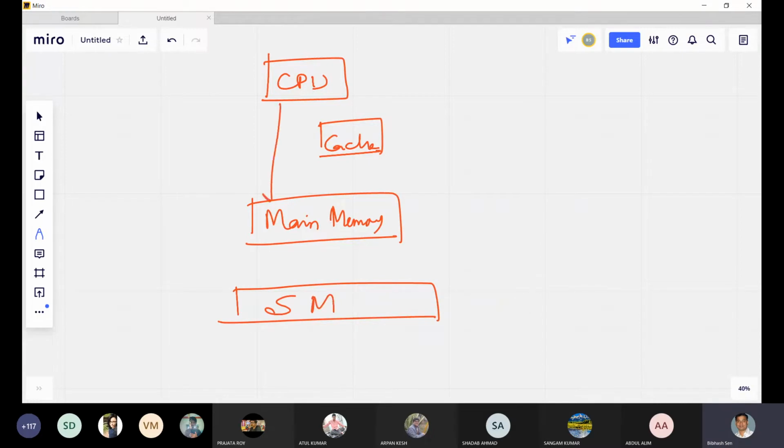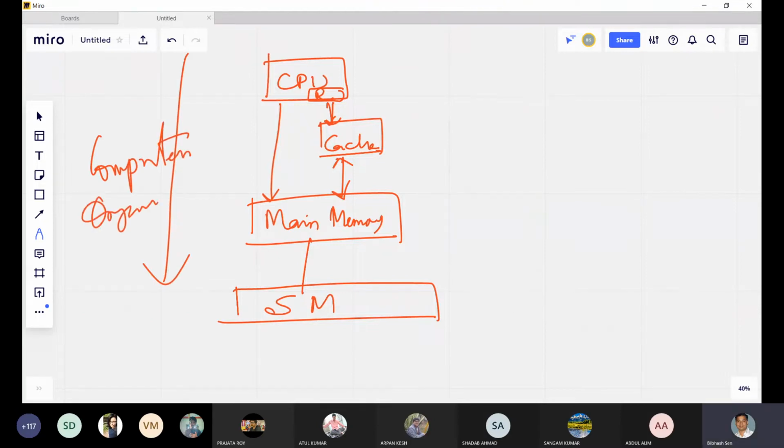CPU can directly access the data from main memory. CPU can also access the cache memory, and there is the content of cache and main memory. Here I have not mentioned the CPU register. That is a very important part of this design. And main memory controls secondary memory. This is the basic computer organization of the memory.